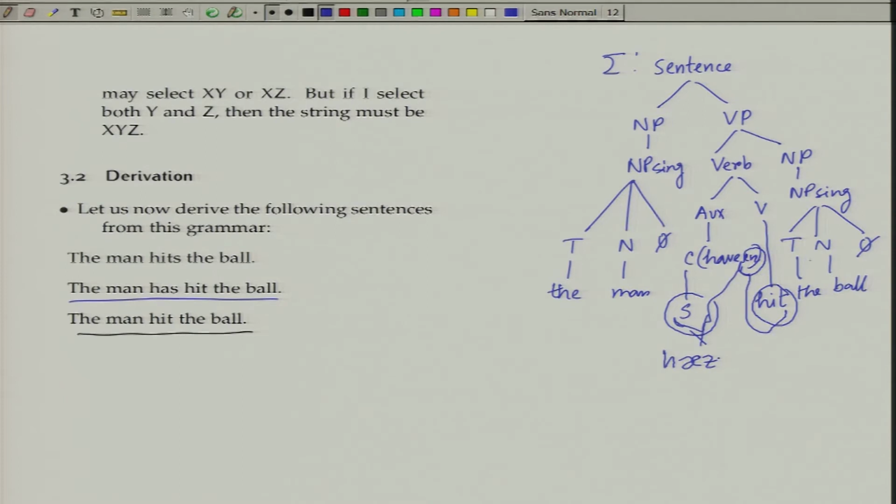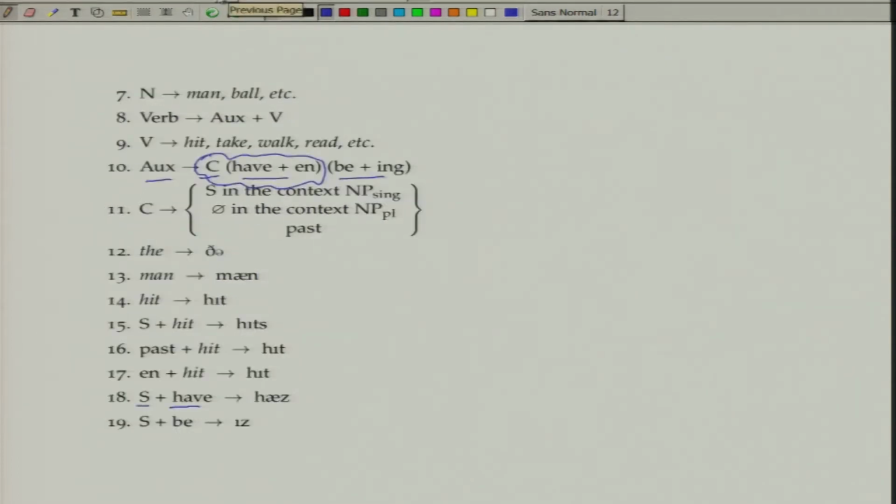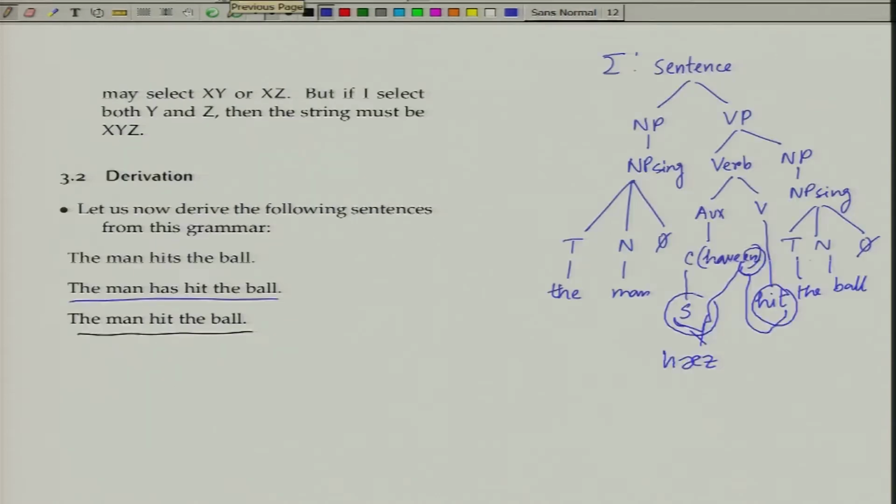has, and also we see that het plus N remains het. So N plus het will be nothing but het.